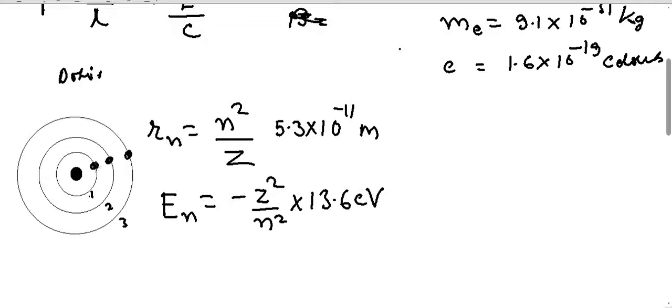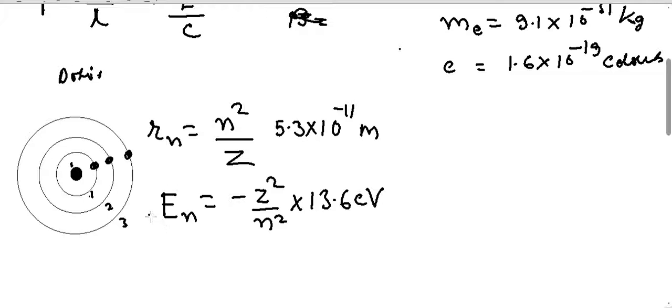So the electron can take only those radii which satisfy this equation: Rn is equal to n square by z, where n is the orbital number, which can be 1, 2, 3, divided by z. Z is the atomic number of the atom. So for hydrogen it is 1, for helium it is 2, for lithium it is 3. The simplified equation is Rn equal to n square by z, times 5.3 into 10 to the power minus 11. And in the last class we had derived this.